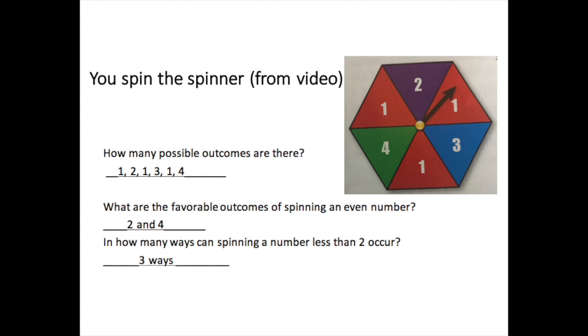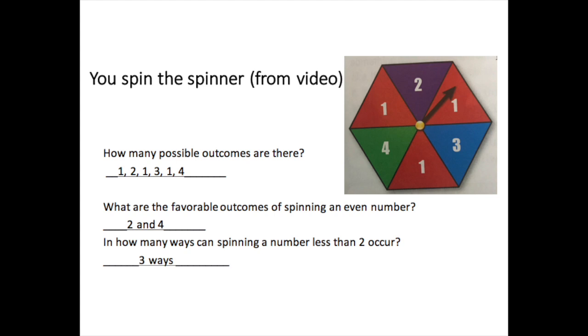What are the favorable outcomes of spinning an even number? So an even number on our spinner here is 2 and 4. So that means that the only numbers on our spinner that are even are 2 and 4. Our last question is, in how many ways can spinning a number less than 2 occur?